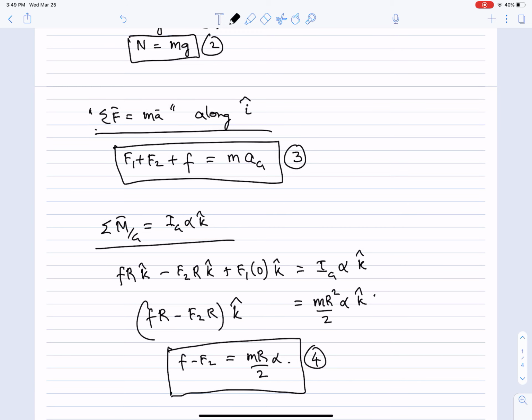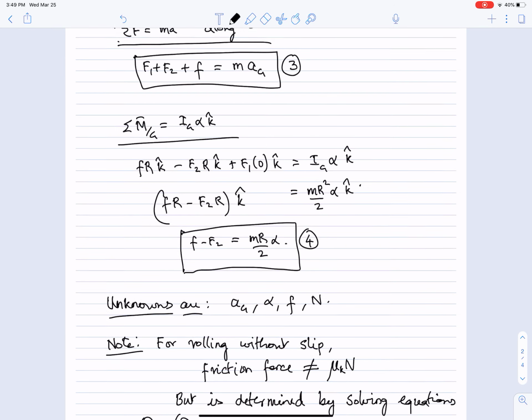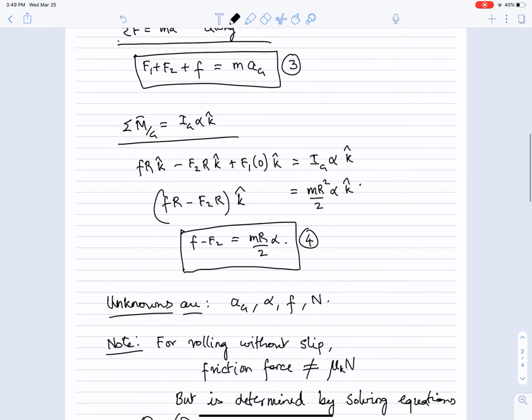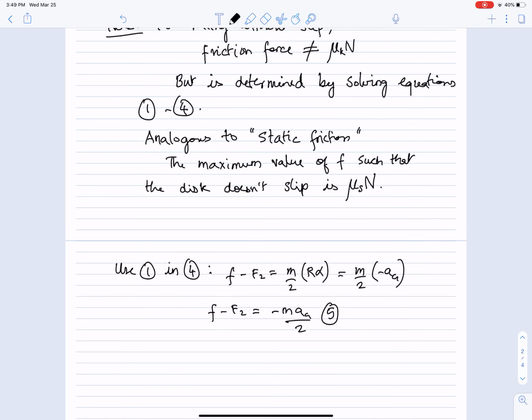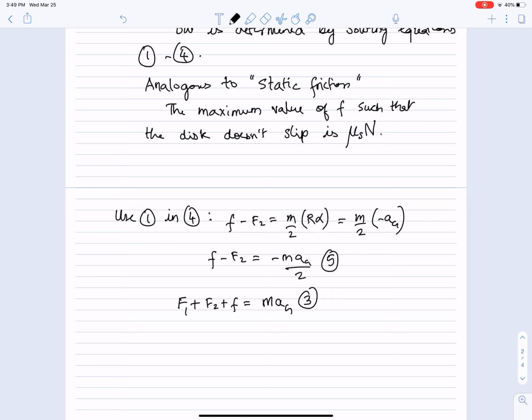Equation number 3 has F1 plus F2 plus F equals M Ag. That's equation number 3. So we can do either 5 minus 3 or 3 minus 5. So let's do 5 minus 3.